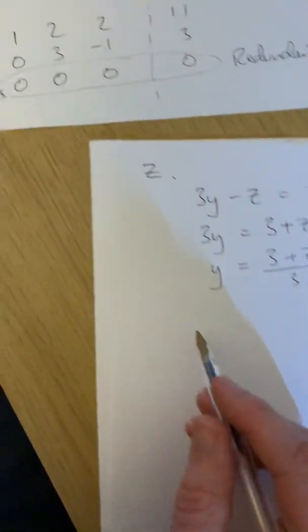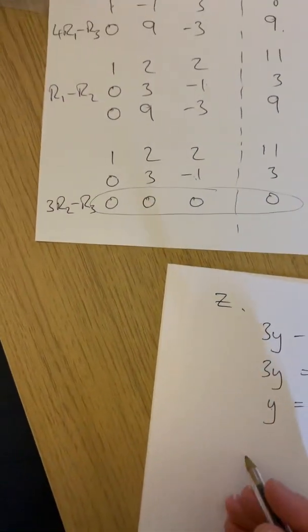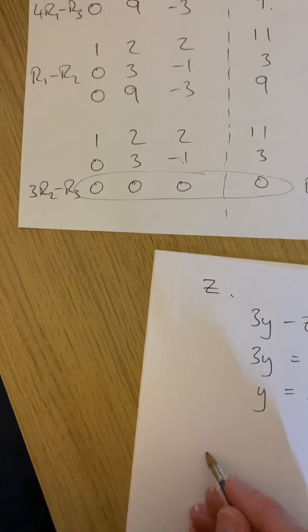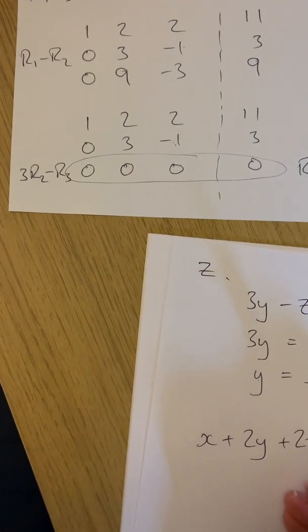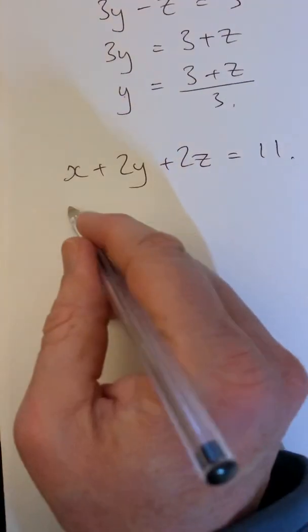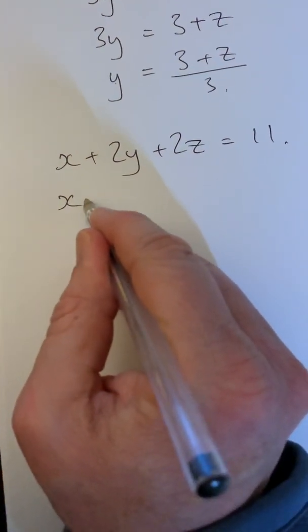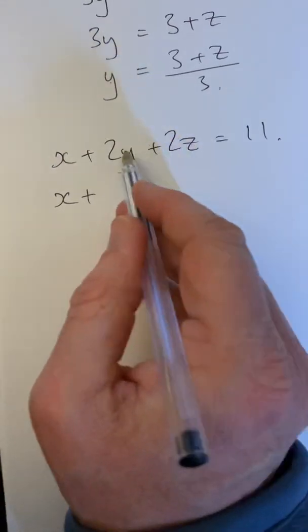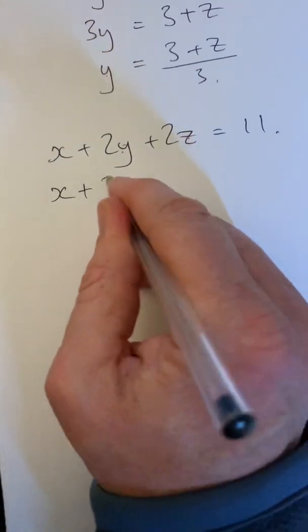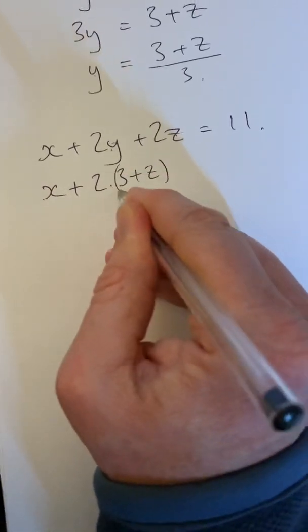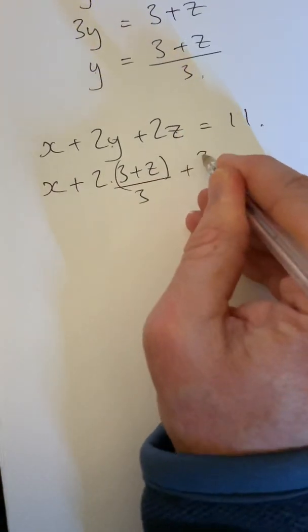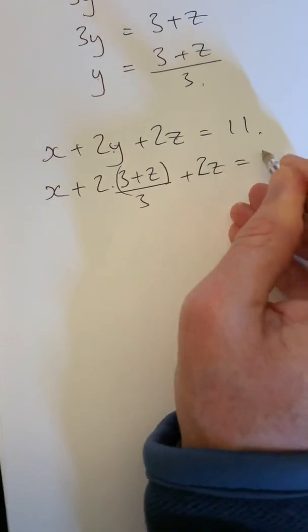So if we go to the first row, we get x plus 2y plus 2z equals 11. So what we have here is x, and if we put these two in terms of z, so that's going to give us 3 plus z over 3 plus 2z equals 11.